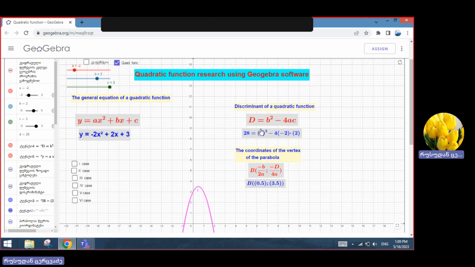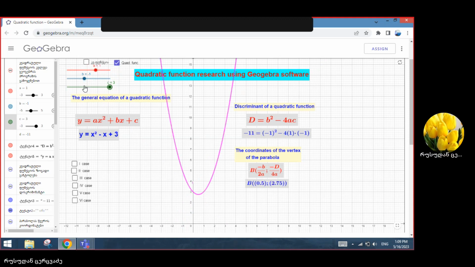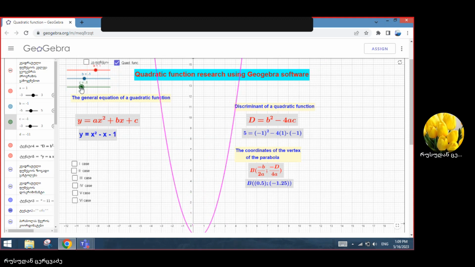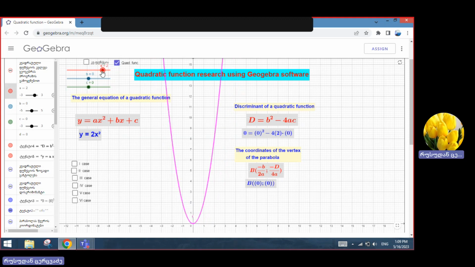Let's observe how the change of the coefficients affects the location of the parabola. A is greater than 0. The branches of the parabola are directed upwards. A is less than 0. Then the branches of the parabola are directed down.